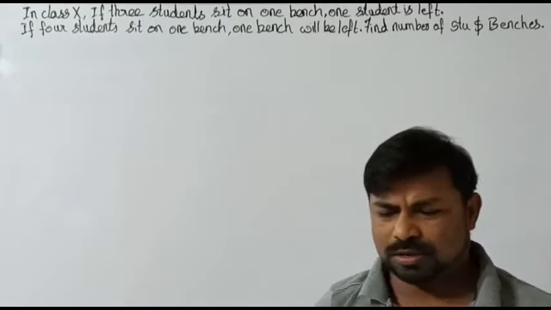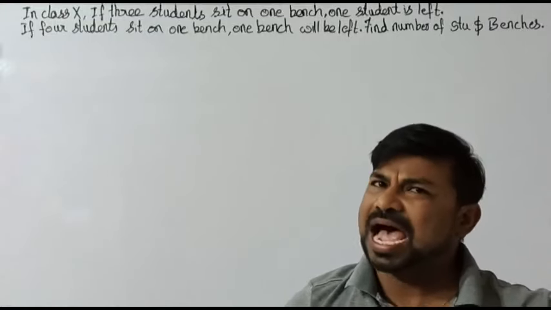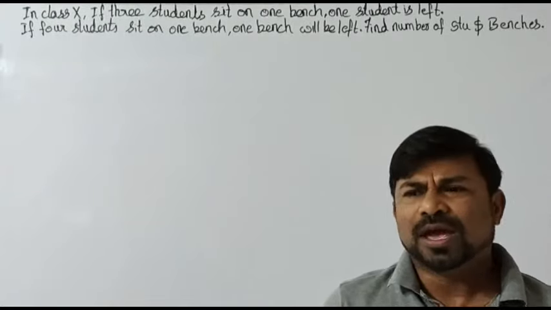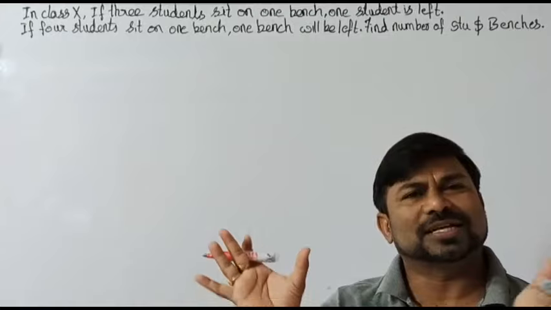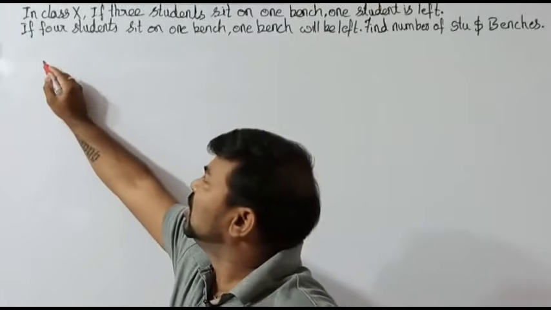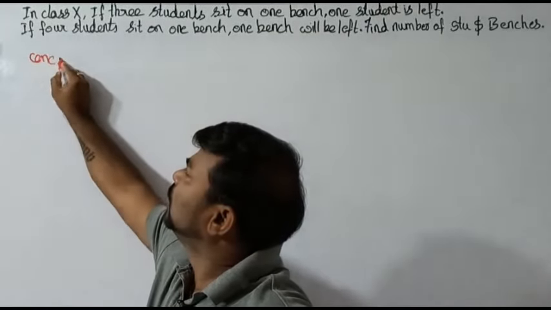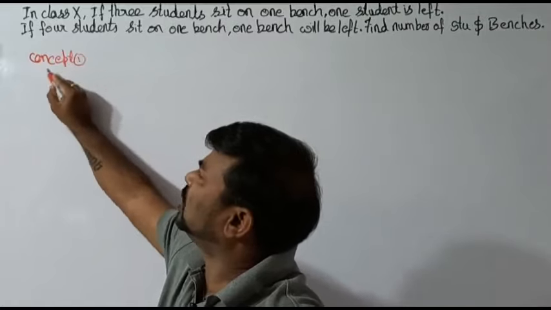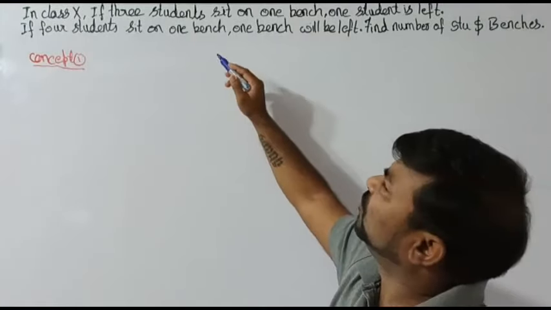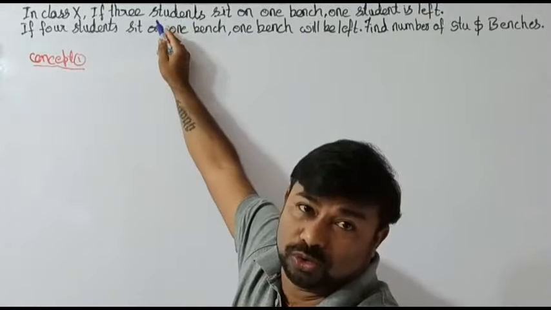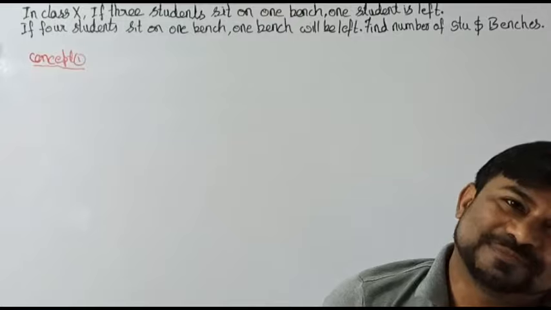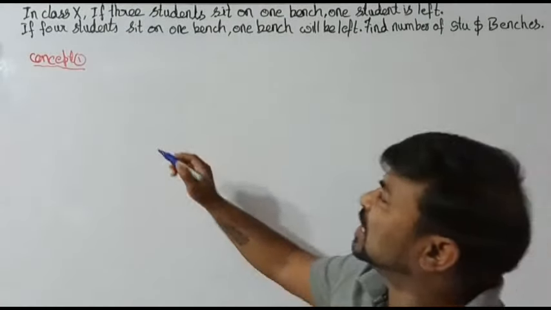Now, how to relate this? As I have been dealing in terms of concepts, what are the two concepts we are dealing with here? According to me, students and benches. So let's go according to the concept style. Concept one: I like to take benches as the first concept.